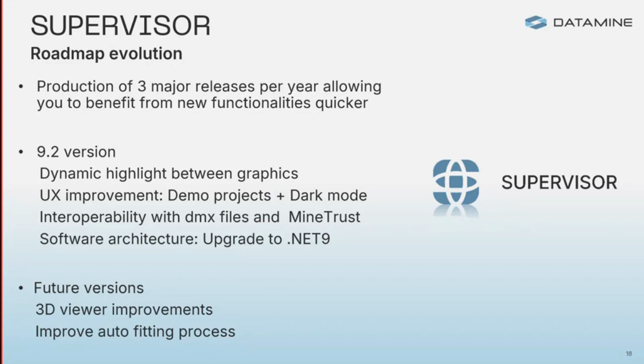This is something that is very common in Isatis.neo for the Isatis.neo users, and we will improve the user experience with demo projects and dark mode in Supervisor. We will have the ability to read the DMX files that Datamine introduced recently and connection to MineTrust.